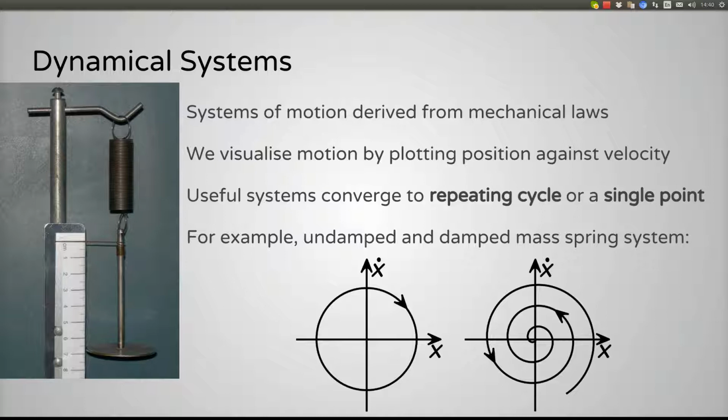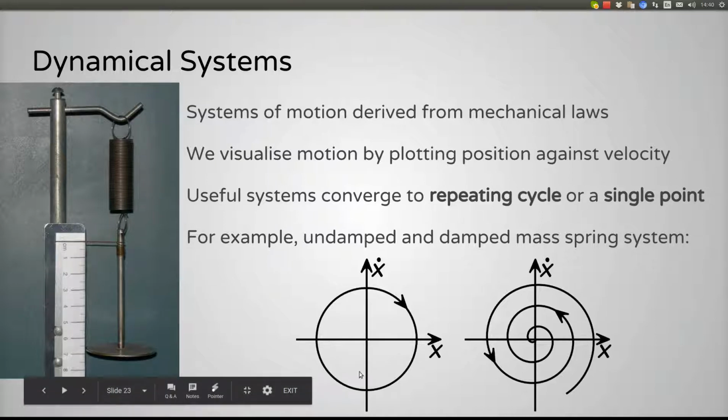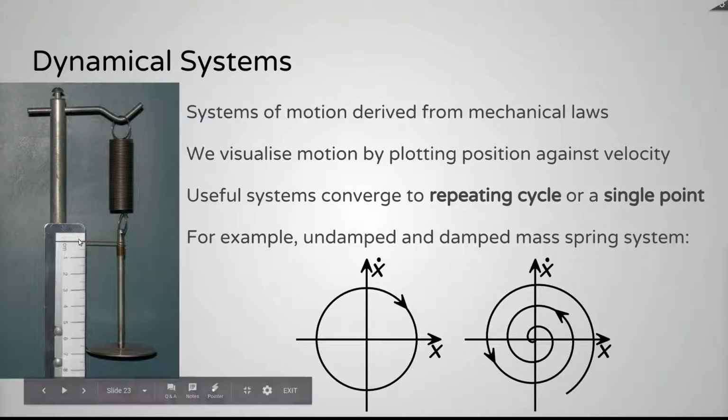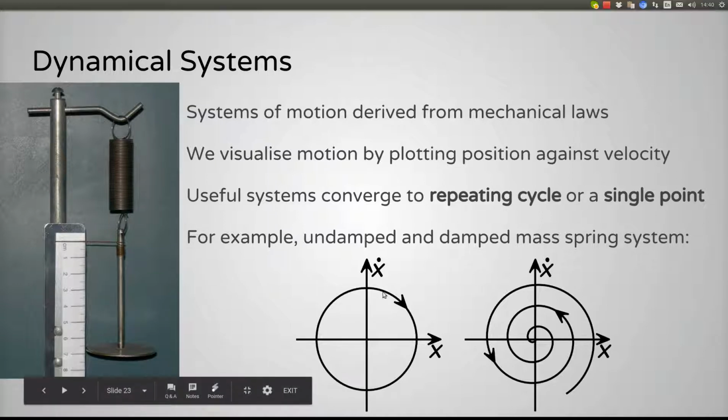But what's going to happen is maybe I'll pull the mass down and release it, and then the spring will bounce for a while until it reaches a rest state. If the spring is undamped, as in there's no rest state, it'll never stop. We'll get some sort of cycle like this. So what we're plotting here is x, which is the length of the spring, or possibly this measurement here on the ruler, and we'll be plotting the velocity against the position.